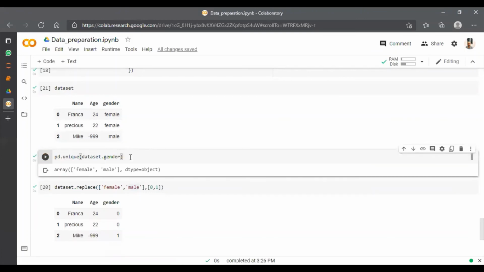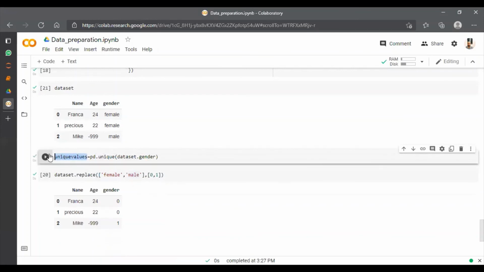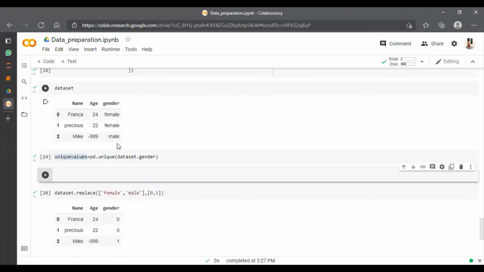From these unique values, I can then replace them with numbers. I can assign numbers using Python code with these unique values.